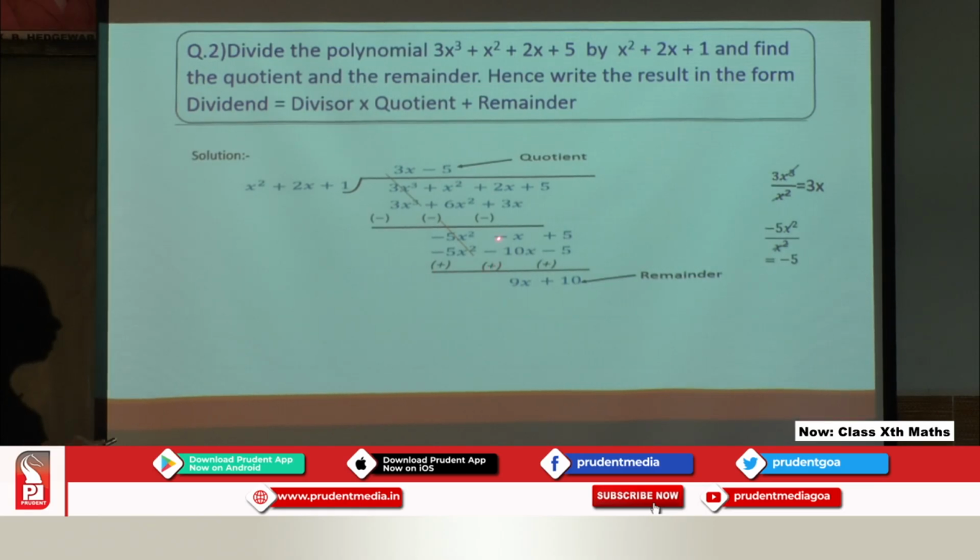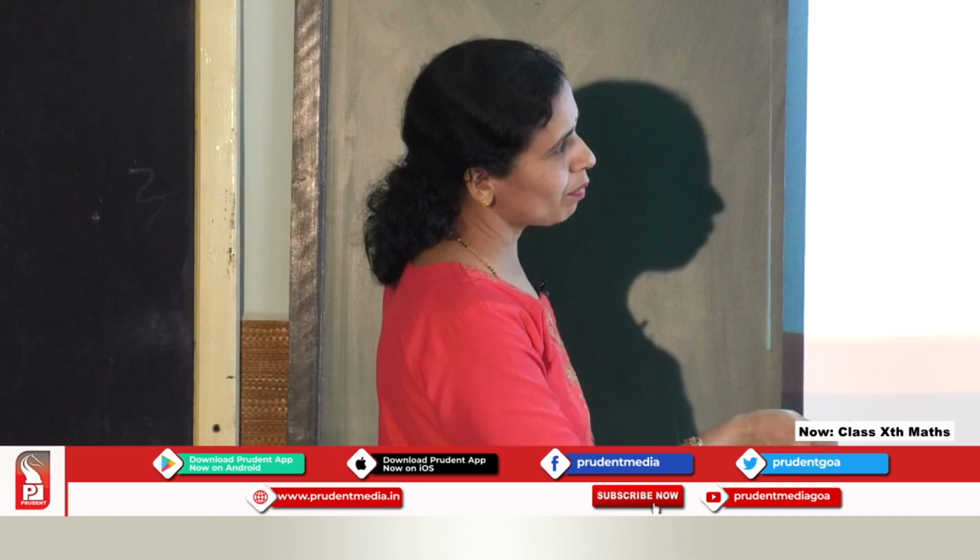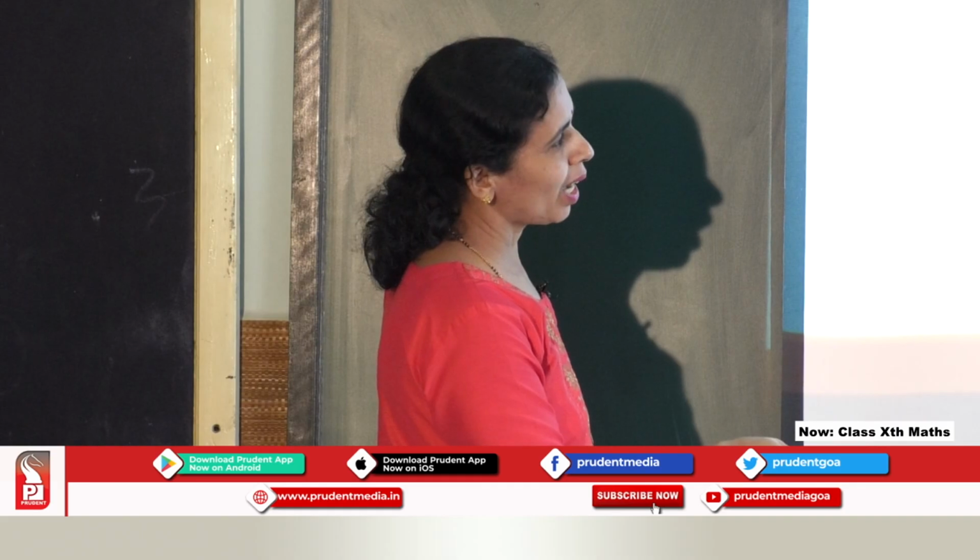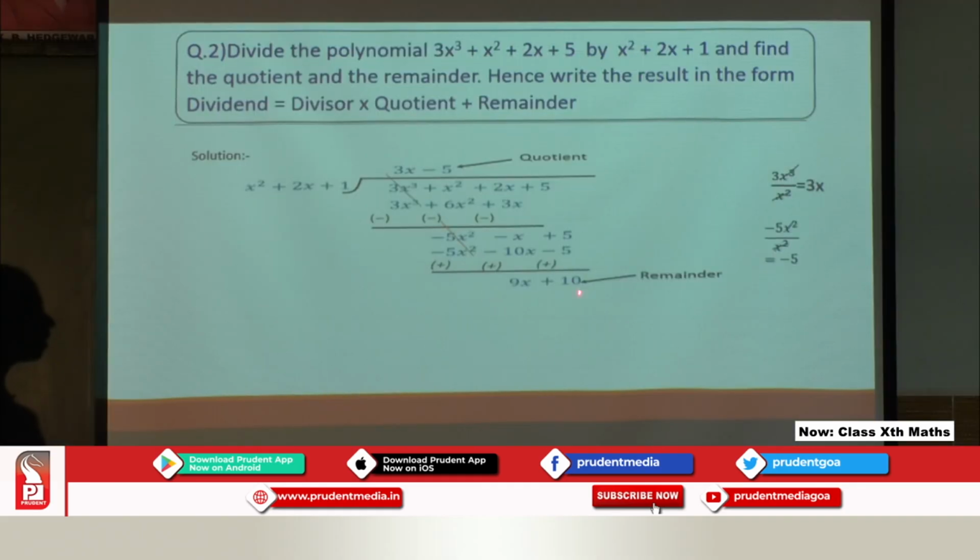Again plus and minus, subtract: 10 minus 1x, that is 9x, but the greater number has positive sign, so plus 9x. Again here both are positive, so add 5 plus 5, that is 10. So last we got remainder as 9x plus 10.